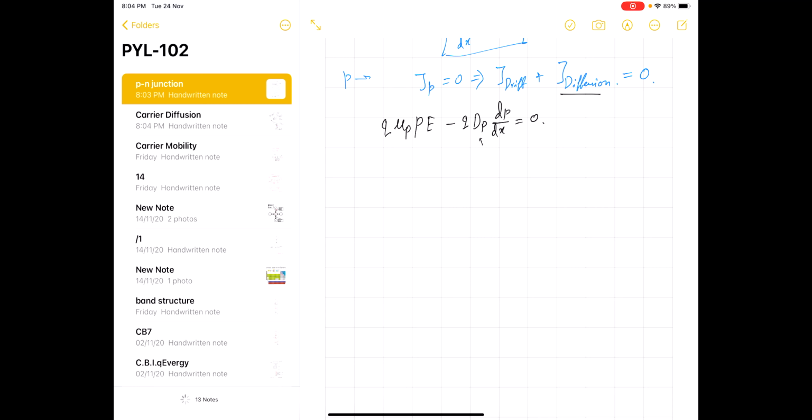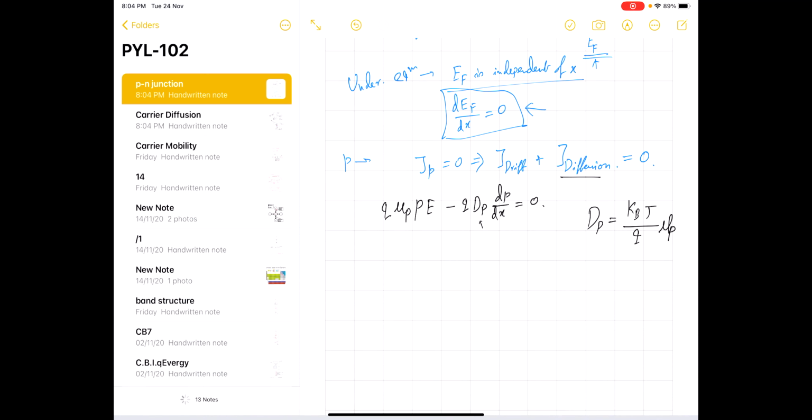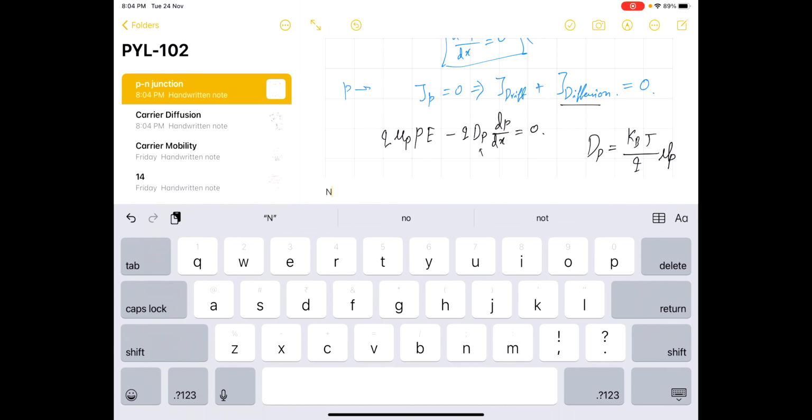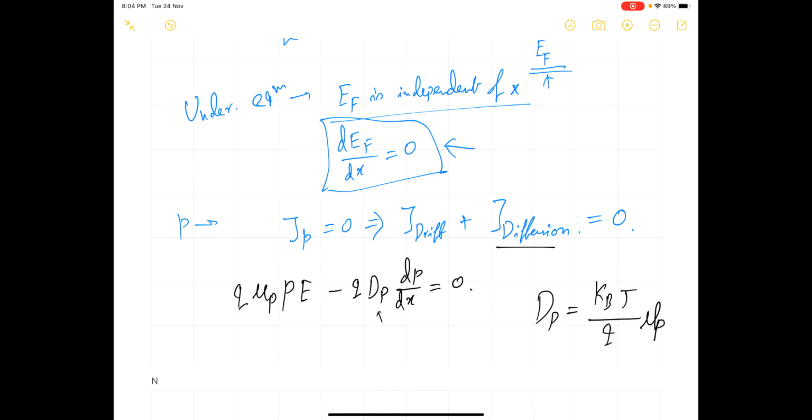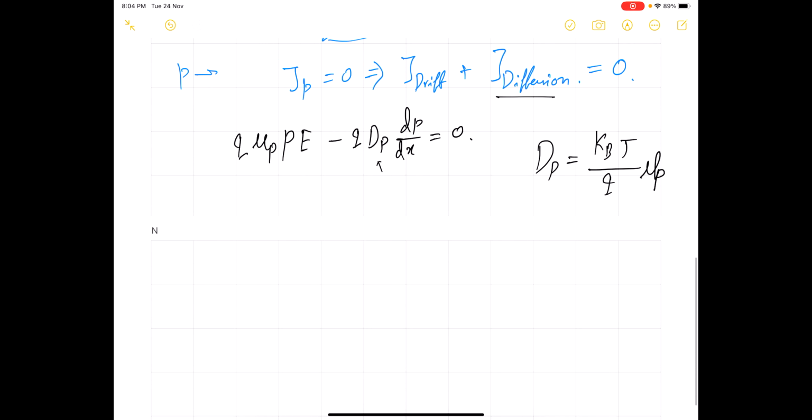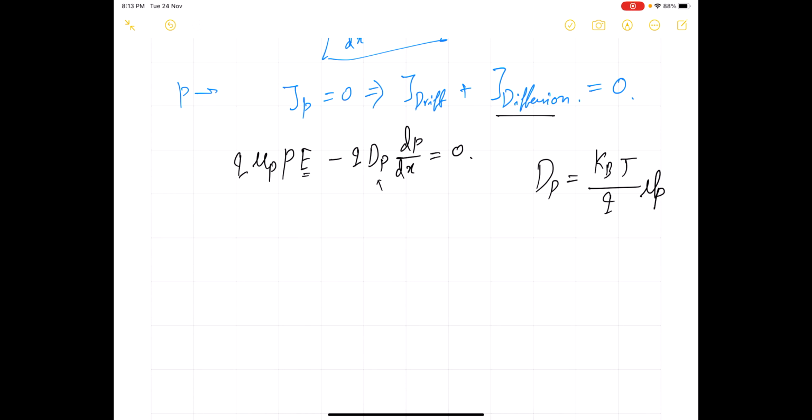If we use the Einstein relation, Dp is equal to kBT divided by q into mu p. Putting it back here, we get q into mu p into p.